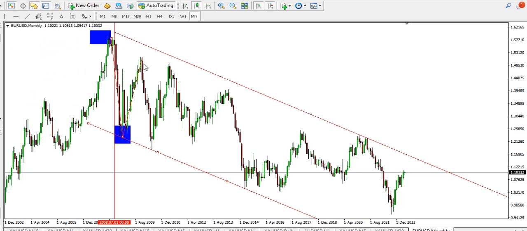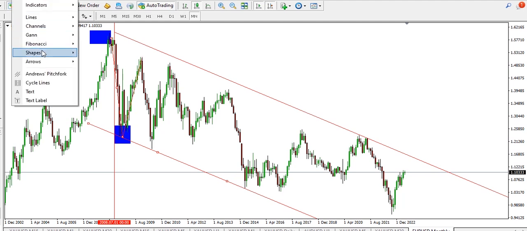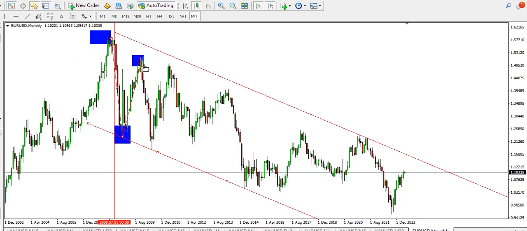Now we don't have a top, but this newly formed top, what can you say about this newly formed top? You can see that it's lower than this initial top. So when you have this kind of scenario, you call it a lower high. This is a high, but this high is lower than this initial high.